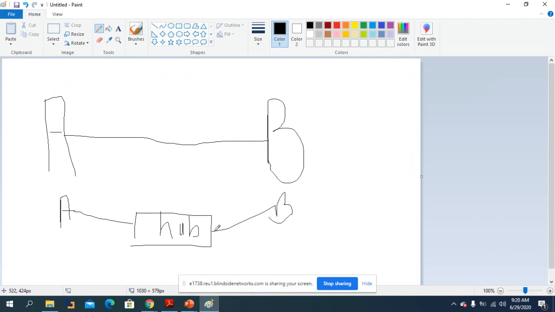Remember, in networking, devices are like routers, repeaters, hubs, switches, but a computer becomes a node. So when you are communicating, this node must pass through the hub.